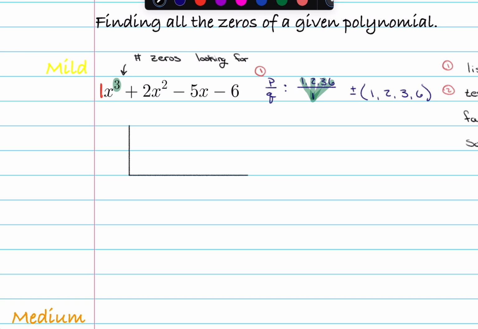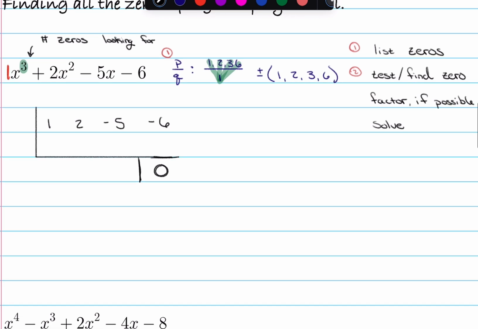Remember, when you divide synthetically, if you are finding a root, your answer should end up being 0. So I write 1, 2, -5, and -6, those are all my coefficients. When I'm finding a root, that means that this number right here will end up being a 0. If you plug this into the y equals function of your graphing calculator, you can go to the table and find these values easily.